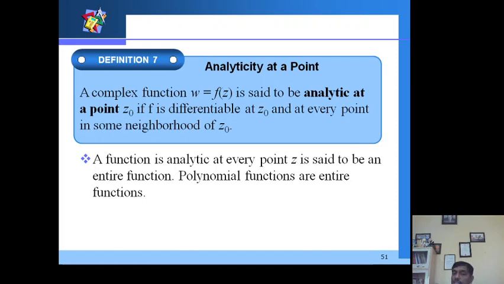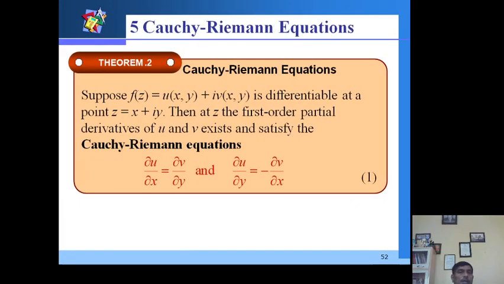If a function is analytic at every point z, it is said to be an entire function. We must remember all polynomial functions are entire functions, because we cannot check each and every point for analyticity.